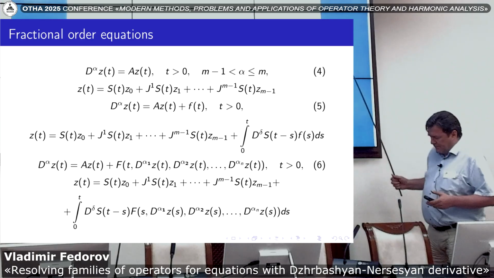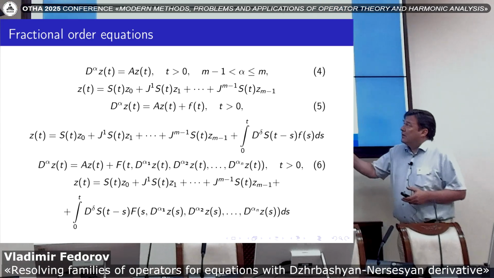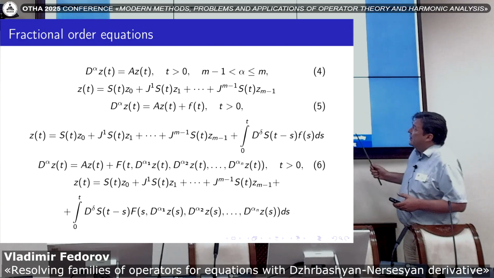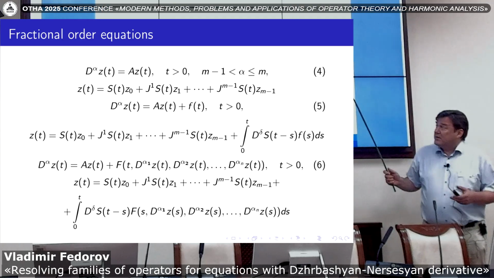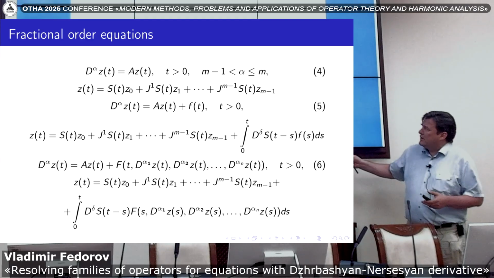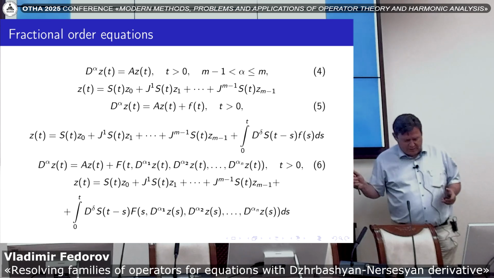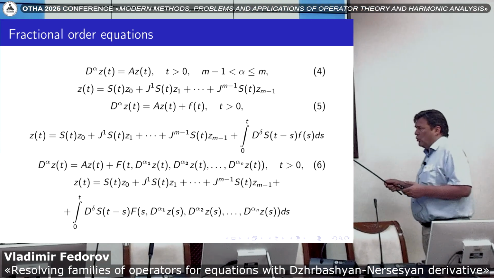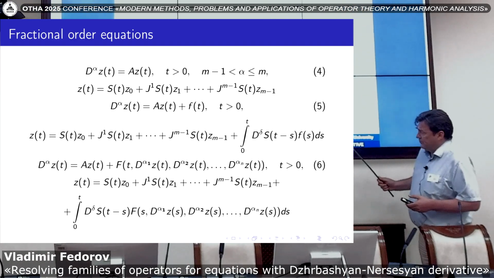And we can write a solution of the Cauchy problem for the linear inhomogeneous equation. Here delta depends on the derivative; in the case of the Gerasimov-Caputo derivative it will be 1 minus alpha. And we can study quasi-linear equations.